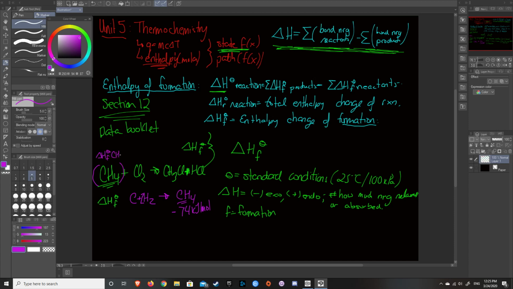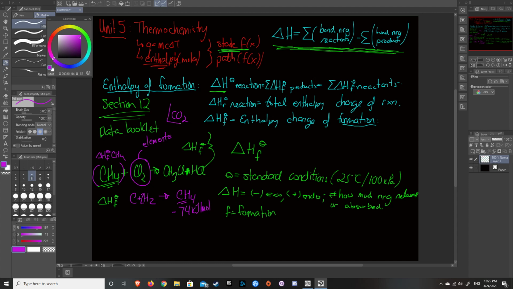So that's our delta HF of CH4. And now we do Cl2. What I'm going to tell you right now is that for elements, not pure substances, because CO2 is a pure substance.